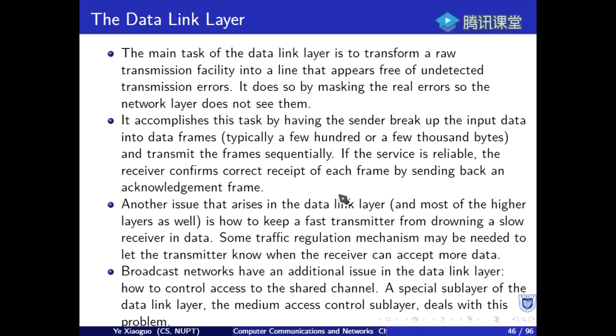The service provided by the data link layer can be reliable or unreliable. If the service is reliable, the receiver should confirm correct receipt of each frame by sending back an acknowledgement frame. If the service is not reliable, then the receiver's acknowledgement frame is not needed.